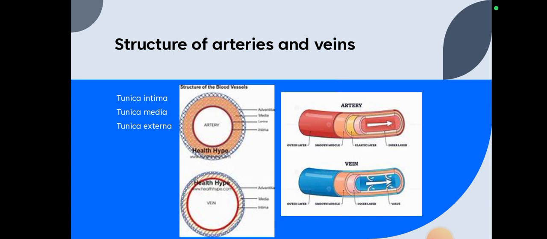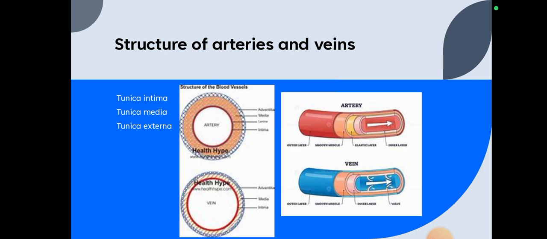And the biggest difference in artery and vein is vein has valve inside. So outer layer, then smooth muscle, then inner layer, then we have a valve. Here also you can see in the first diagram structure, in artery there is a very small internal one, then medium one is thicker, and the outer one is also smaller.